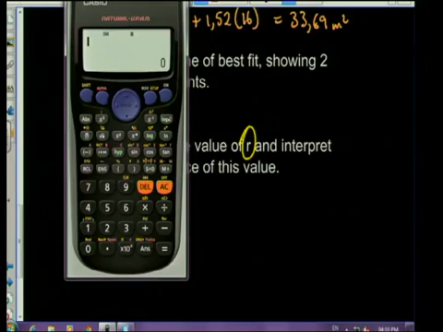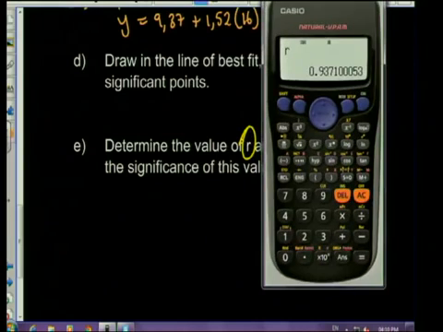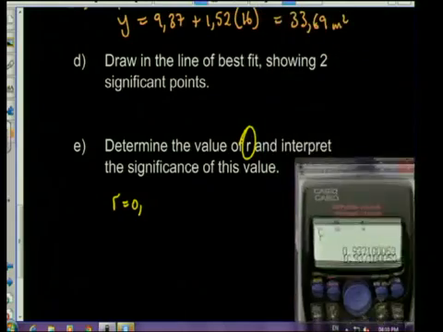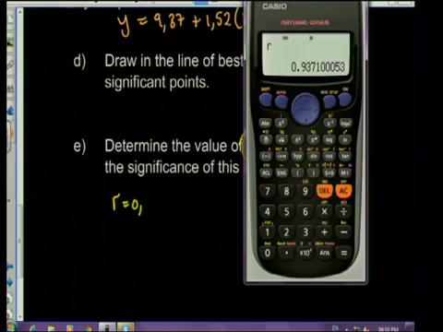So I go to shift to that stat button to access my data, go to regression, because it's part of the regression stuff, and you're going to option 3. When I go to option 3, it gives me a value for r. And then I say, well, r is 0,937. I don't think the question said how many decimal places. No, it didn't. So I'm just going to go to 2 decimal places.